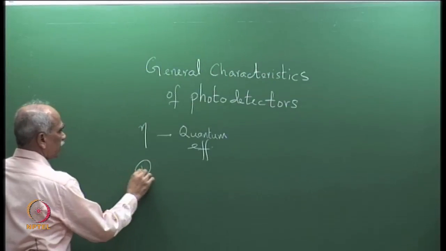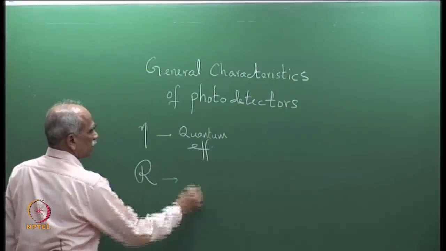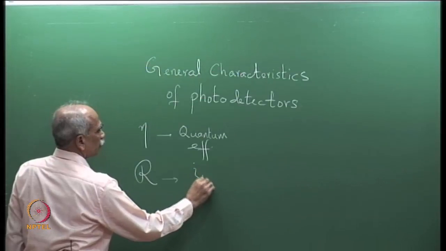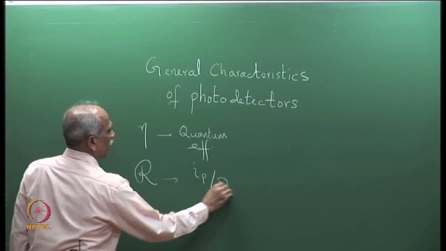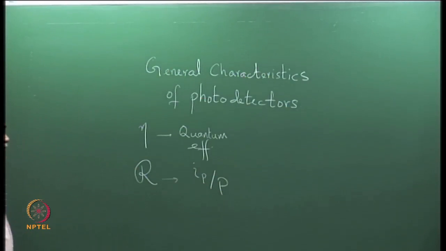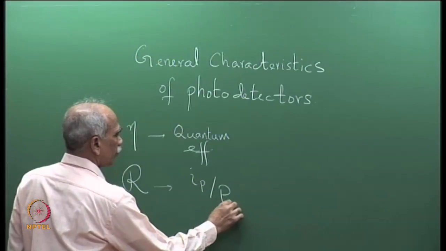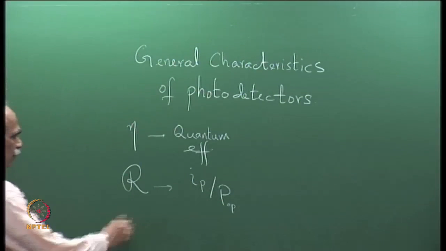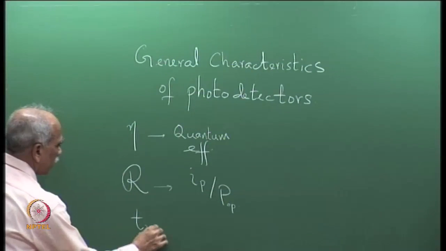the responsivity R, which is equal to the photocurrent generated divided by the incident optical power P optical. Here, the response time or the rise time TR.